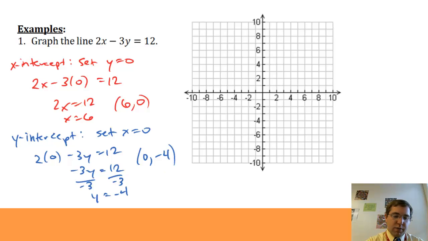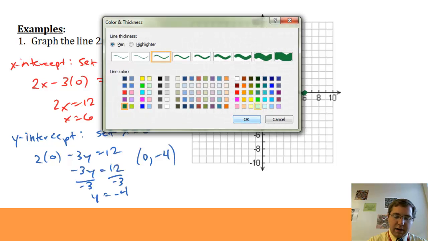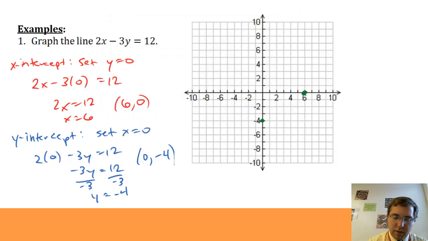So now I've got 2 points, and I can plot these 2 points in the coordinate plane. (6, 0) is here on the x-axis. (0, negative 4) is down here on the y-axis. And I'm going to draw the line that connects them. And my line needs to have arrows on the ends.